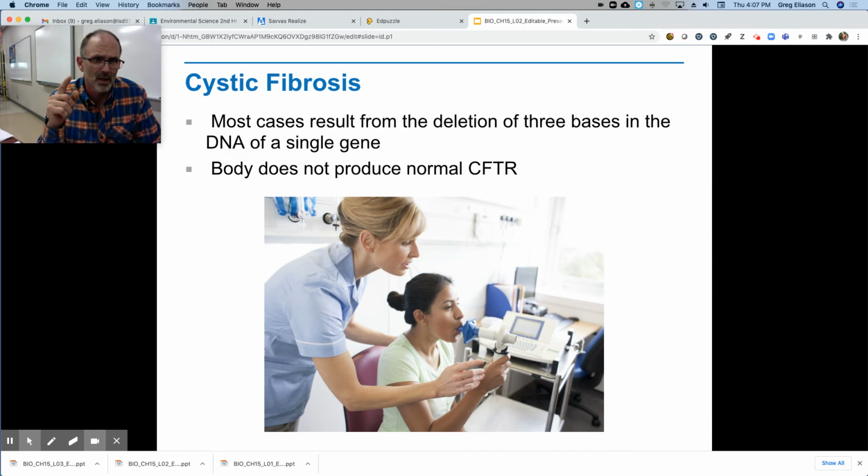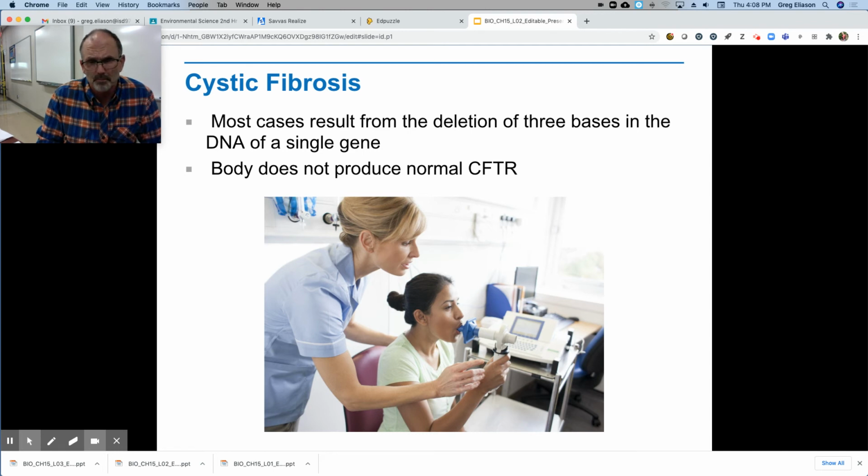When that chlorine ion channel is blocked or dysfunctional in cystic fibrosis, it does not allow chlorine to flow through the cell membranes, and it builds up on one side, creating a concentration gradient, creating a reaction within the body, which creates excessive mucus throughout the body. And so they are constantly coughing up this mucus. Cystic fibrosis does not produce the normal CFTR protein, and the protein doesn't work right.